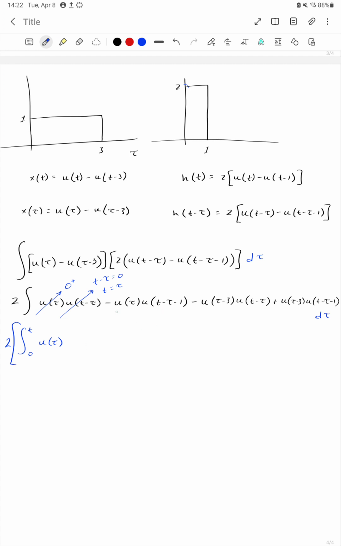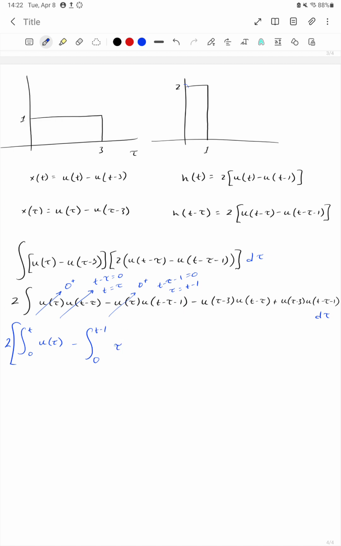Now for this section, this is going to be a 0 plus again, right? And this t minus tau minus 1 is equal to 0, right? So this time, if we want tau on one side, because that's going to be the limit of integration, we're going to get t minus 1. So this one is going to be minus 0, t minus 1. Again, this is because what you're really looking for is you want a tau to be here, or u of tau.